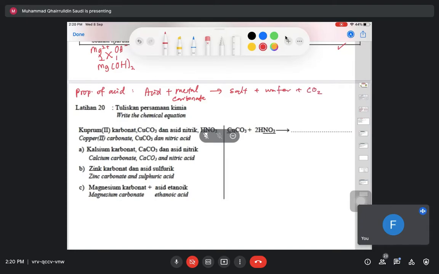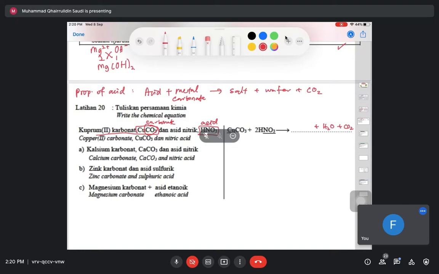Salt, water, and carbon dioxide. Good. So now the first one, copper carbonate reacts with nitric acid. We have acid and carbonate, so we will have 3 products. Write down the products that we know first, carbon dioxide and water, and we just have to find the formula for the salt.